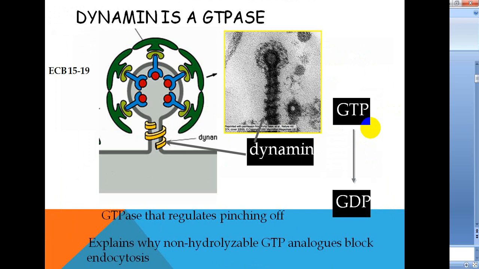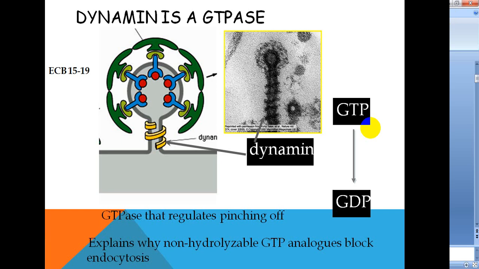Now, I told you that this dynamin is a GTPase. So, how is it known? Whenever GTP analogues are used in place of GTP, this dynamin could not bring about the pinching of the vesicle. It is because the non-hydrolyzable GTP analogues block the endocytosis process.